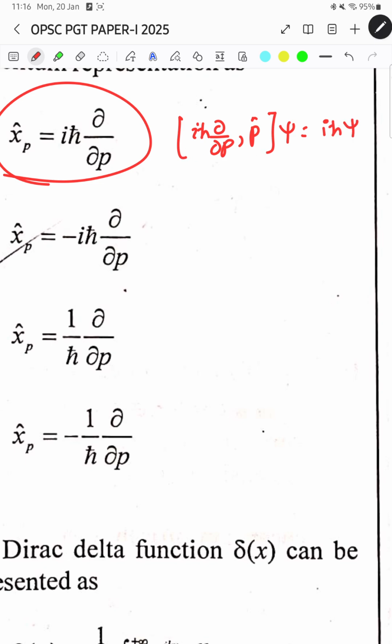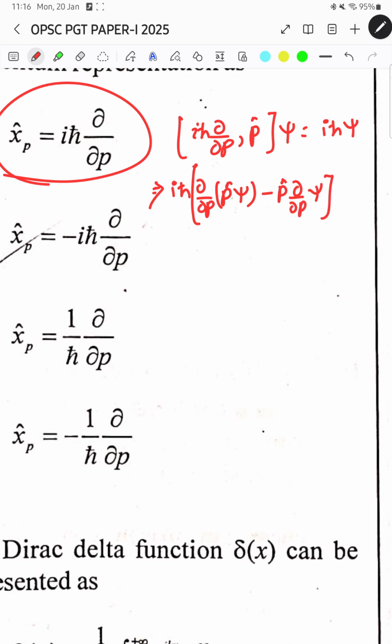So let me open it up. ih cross is the constant, so I will take it outside. Dou of 1 dou p psi, and I have p dou upon dou p psi, and the RHS is ih cross psi. I am only doing the LHS.